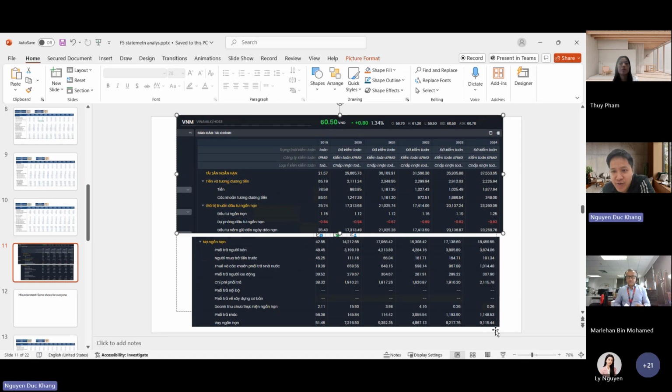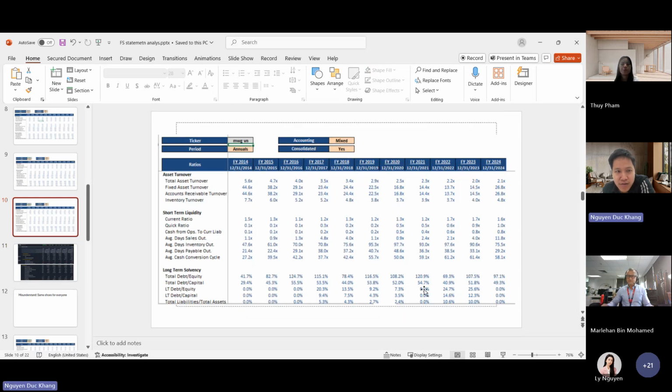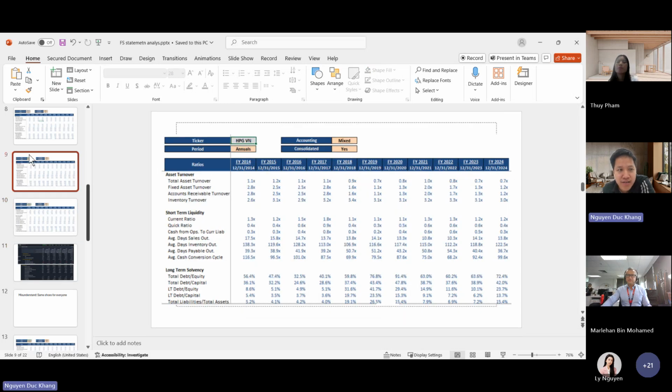So why should they do that? They have quite a lot of cash, but they still maintain the short-term debt. That's because they want to increase their ROE.